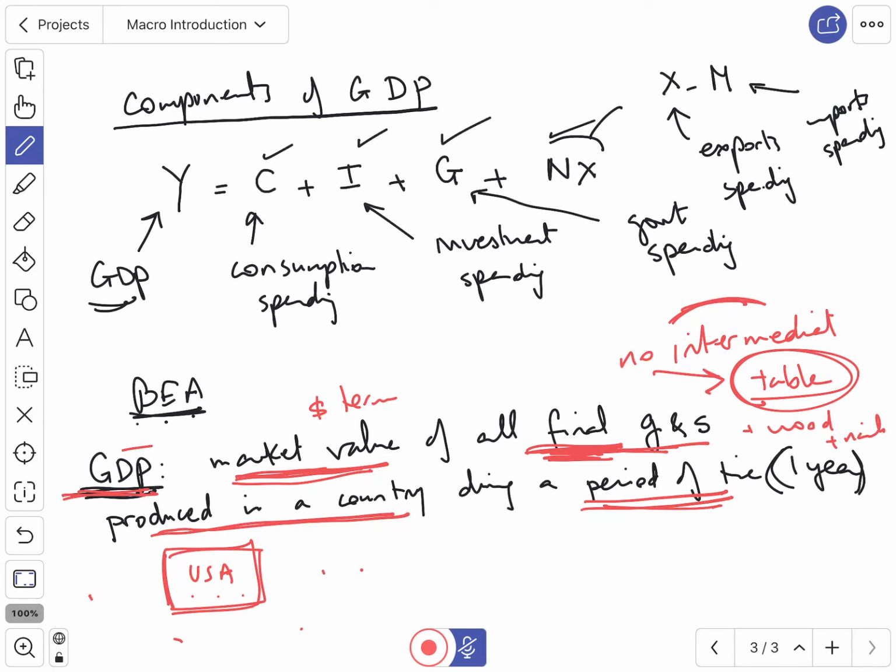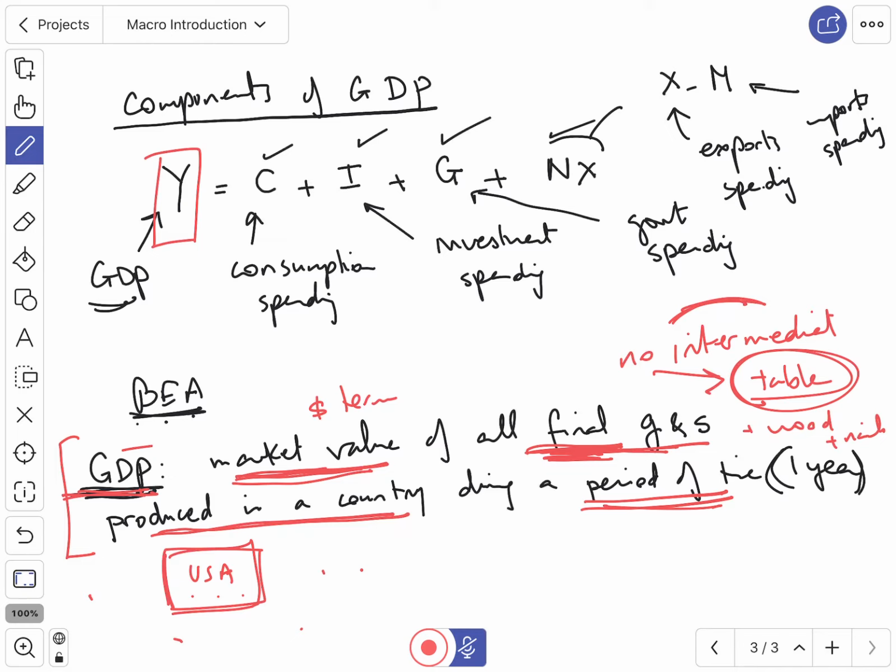Okay, so let's continue. In the previous video, we were talking about the definition of GDP, and I will use the notation Y to represent GDP.